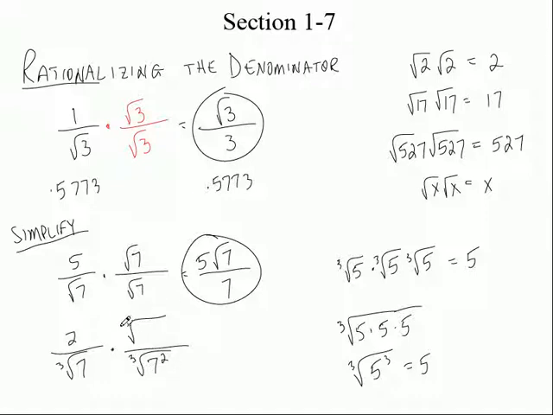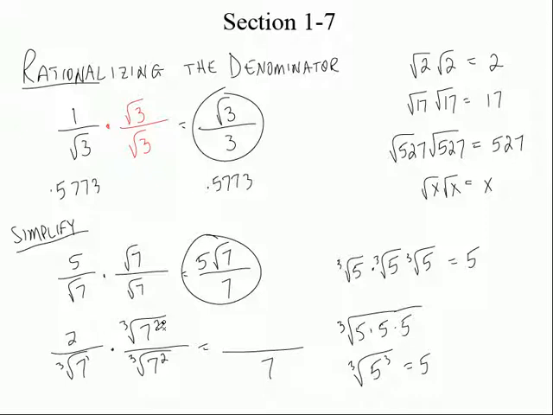I got to do the same thing to the top. So, let's make that look like a 3. All right, cube root of 7 squared on the top. Okay? So, let's see what I get. What happens right here? See, that's a 7 to the first, that's 7 to the second, so that's 7 cubed. It's the cube root of 7 cubed, which is just 7.